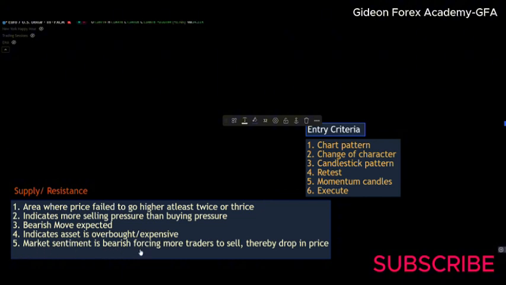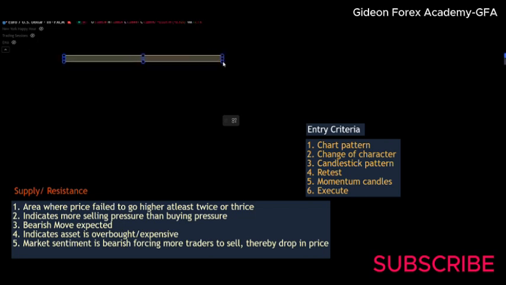Especially at the resistance. And I'm going to be showing you also the entry criteria at the resistance level or supply level. So this is how it may look, okay? You can have a resistance zone like here. Let's say the price was rallying to the upside. You have higher highs and higher lows, and the price is rallying to the upside.